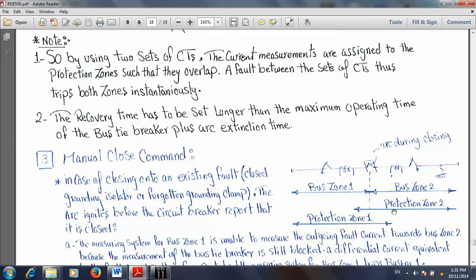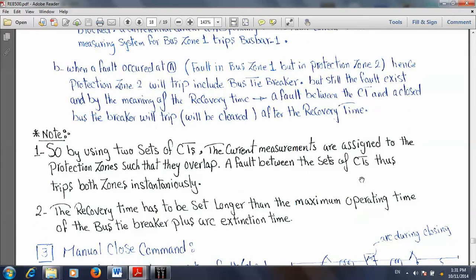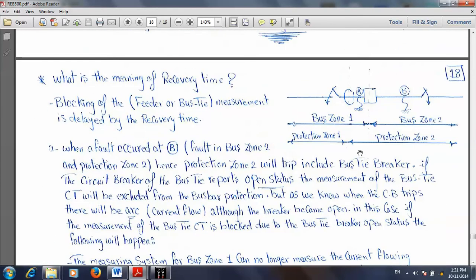Protection zone 2 is extended up to this CT, and protection zone 1 is extended up to this CT as overlapping. So now any fault between the two CTs and circuit breaker is included in both protection zone 1 and 2, so both buses will trip instantaneously instead of tripping with a time delay.